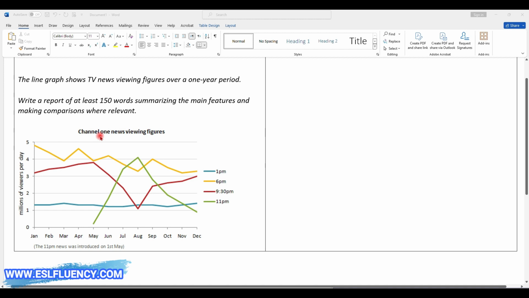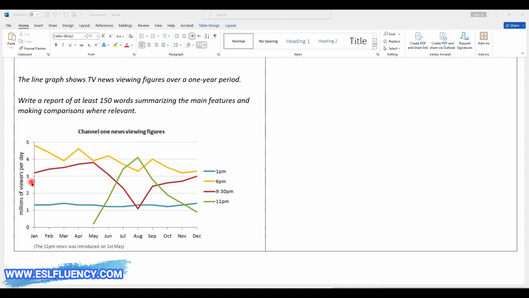The title says all these time slots belong to channel 1, which is the name of the channel, and it shows the changes that happened to the viewership each month over a period of 1 year. The unit of measurement is in millions of viewers per day, so be careful. These aren't the actual numbers. You need to add the word million in front of them when you are referring to them.